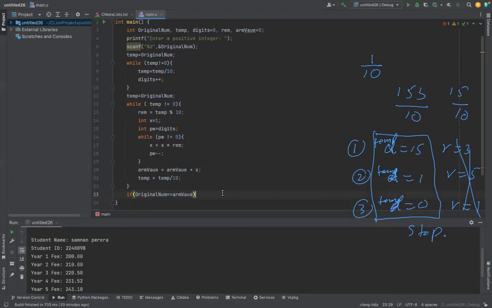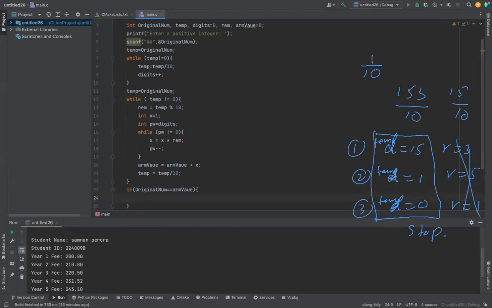If it is equal, what we can say, printf, you entered the original value, let's say percentage %t, whatever value you entered, percentage %t is an Armstrong number, \a.